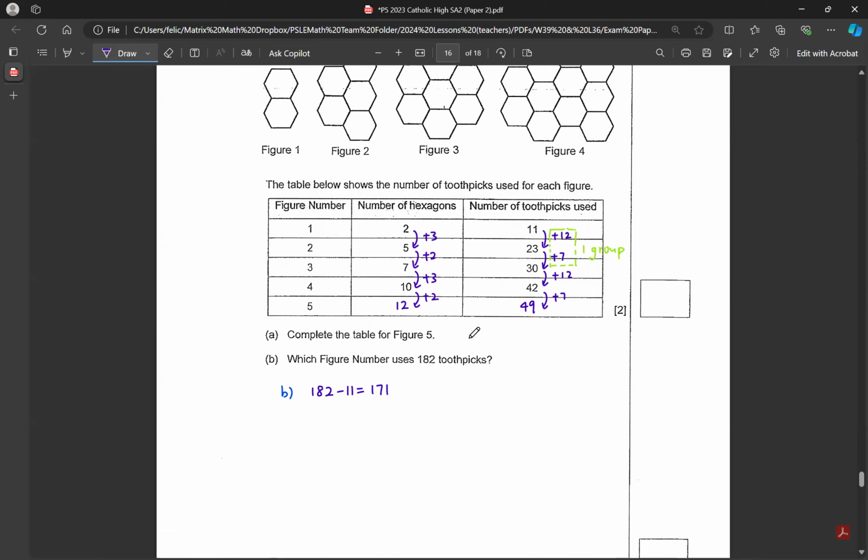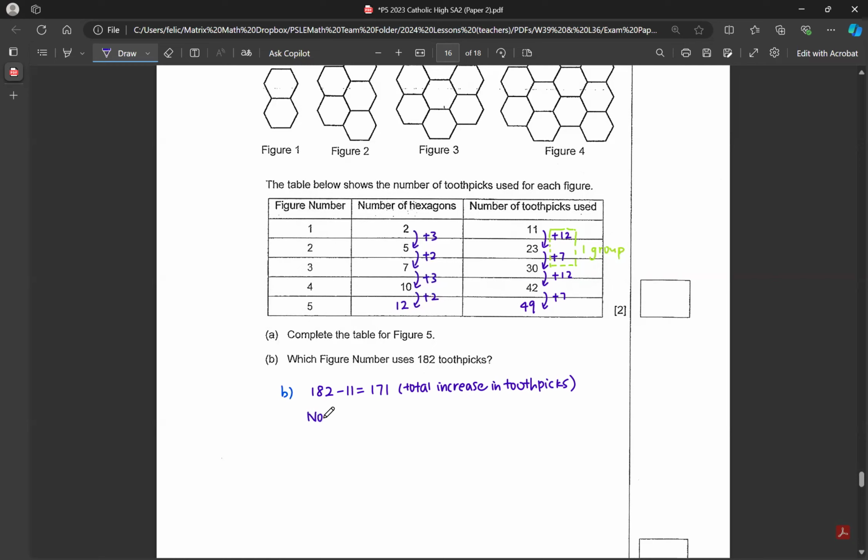So in this case, I need to find out how many such groups allow the increase of 171 to happen. I call this the total increase in toothpicks. This increase is all due to the plus 12, plus 7, plus 12, plus 7. So inside this 171, there must be many such groups of increases.